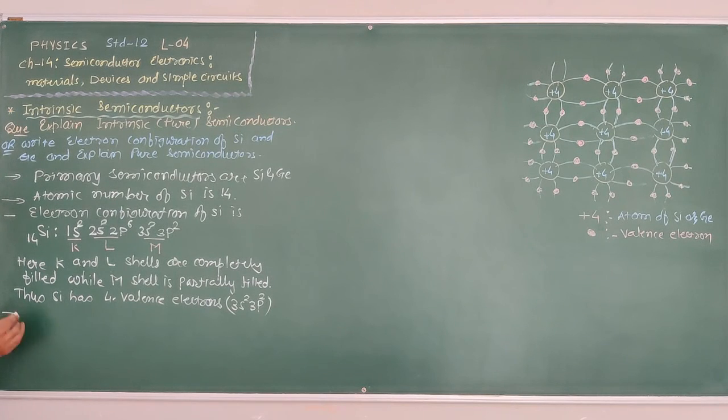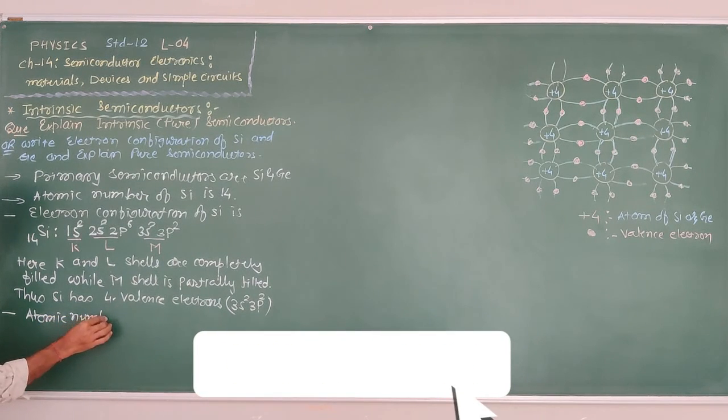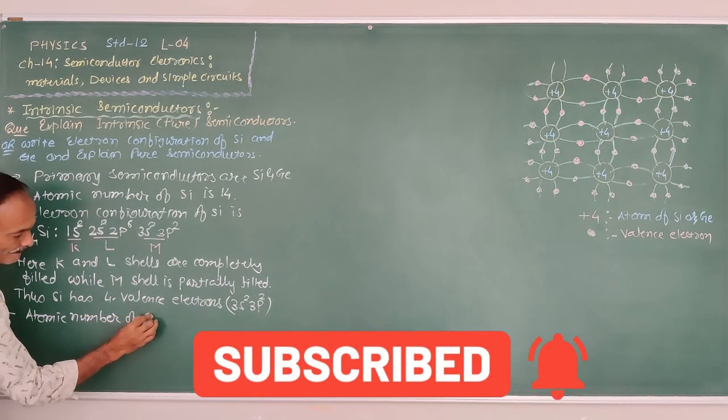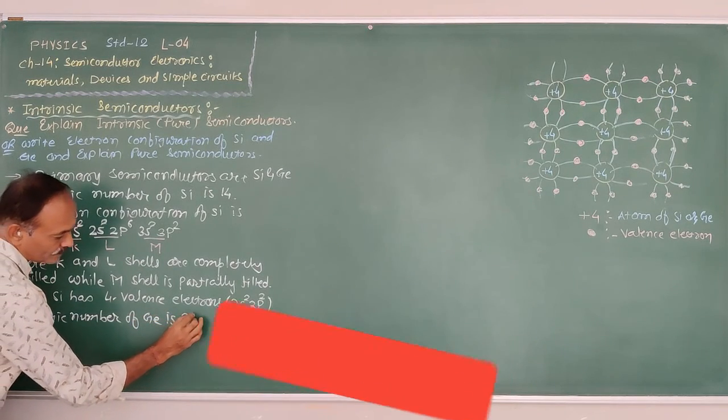Now, for germanium, the atomic number of germanium is 32.